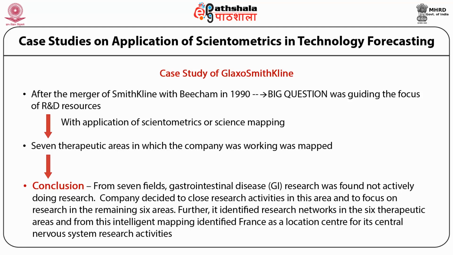GlaxoSmithKline decided to close research activities in this area and to focus on research in the remaining 6 areas. Further, it identified research networks in the 6 therapeutic areas through scientometrics mapping, and from this intelligent mapping identified France as a location center for its central nervous system research activities.